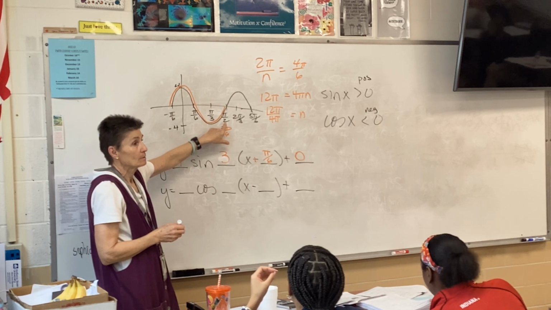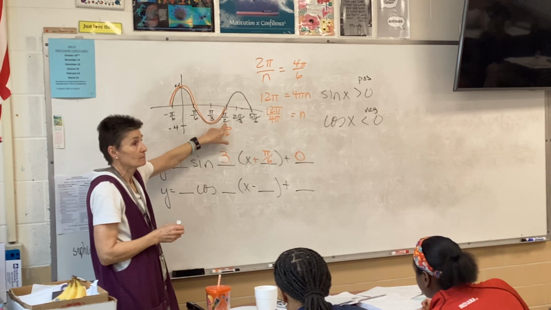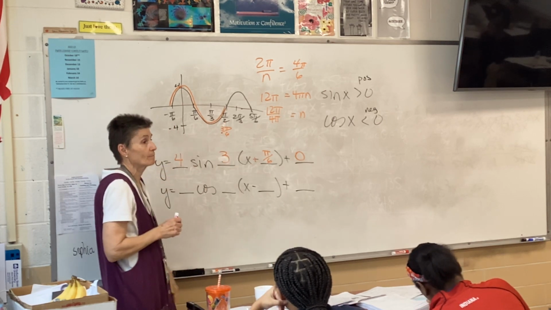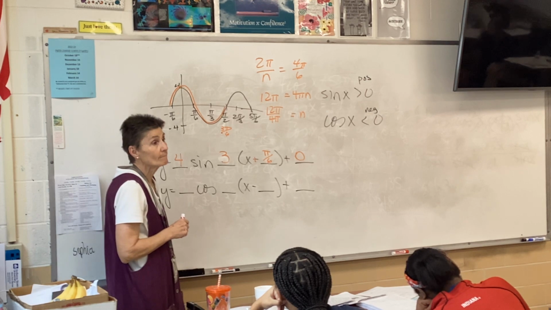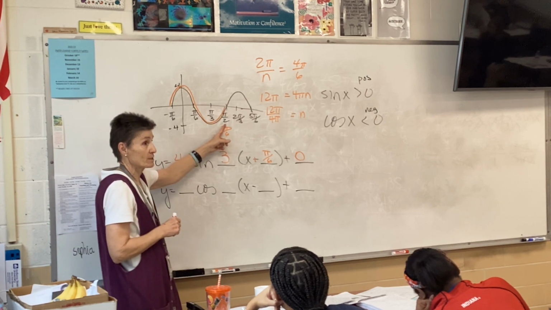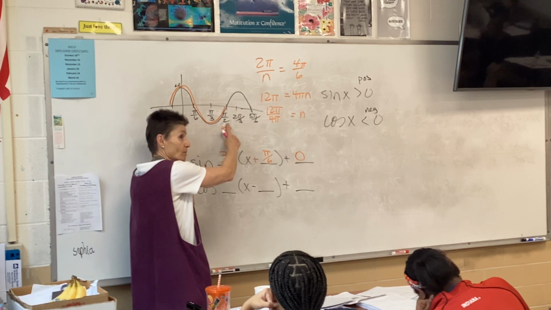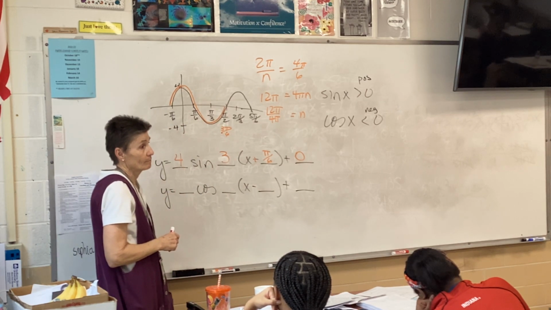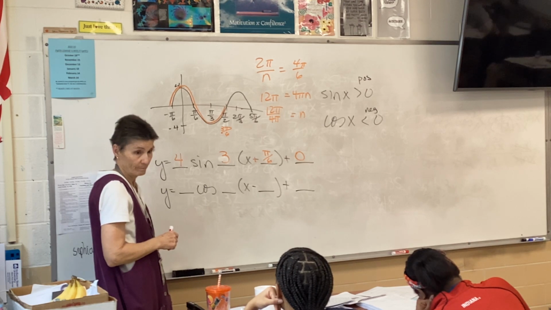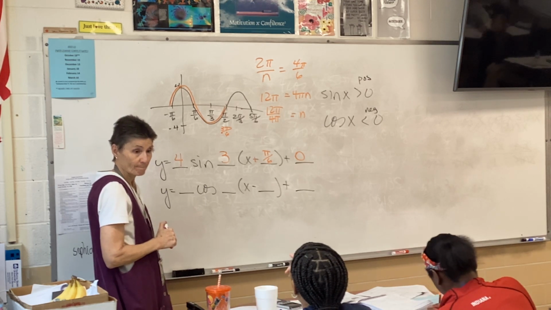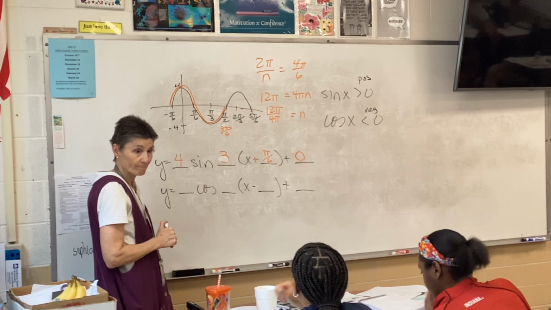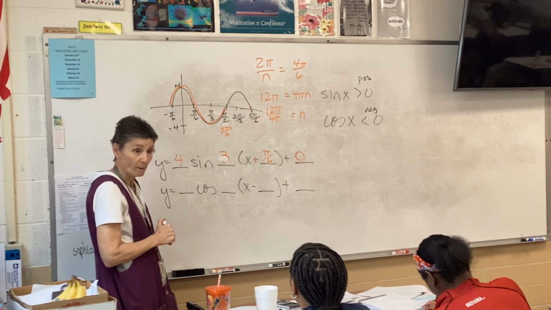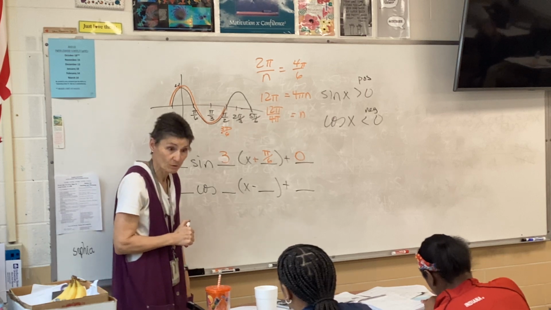Oh, so you said this was 3 pi over 6. That is 3 pi over 6. The period is 4 pi over 6 because it started back 1. So why is it pi over 3? It could be 2 pi over 6. It can be 2 pi over 6.